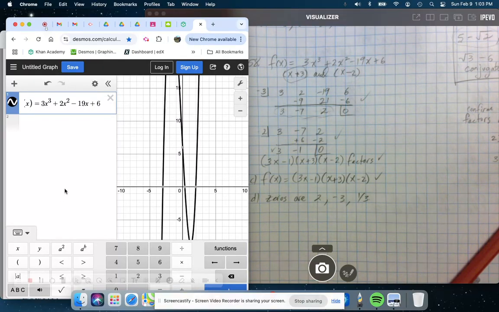All right. And then you can see right here, there's -3, there's 1/3, and there's 2.